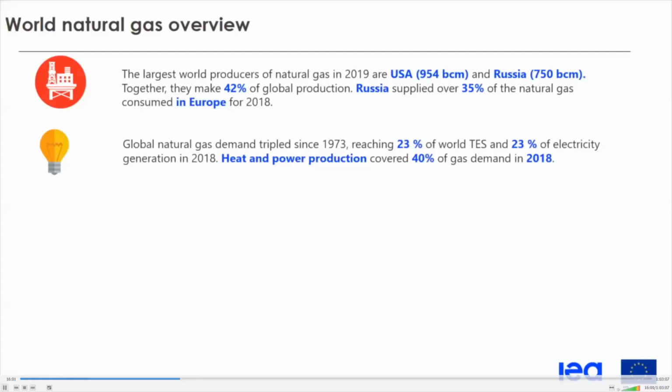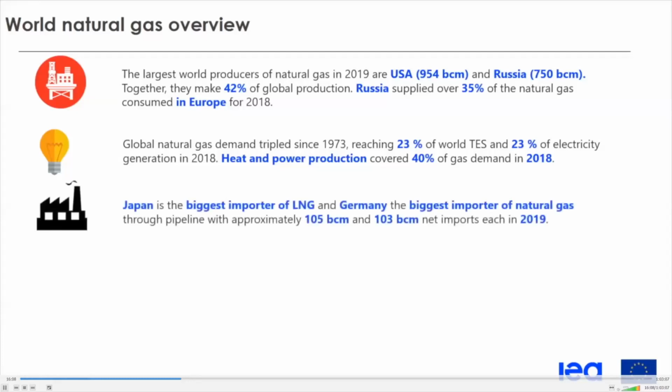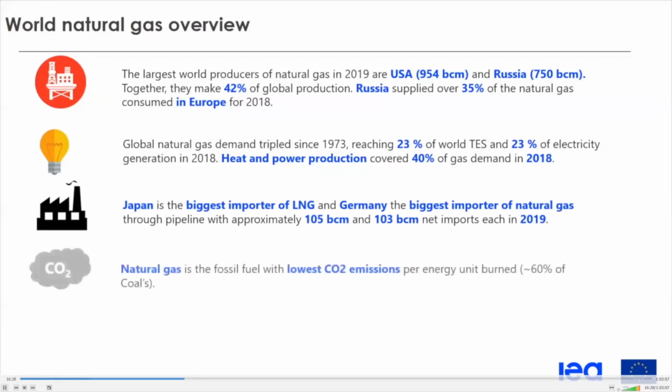Its trade is both in gaseous form through pipelines and in LNG form, so liquefied form through tankers, which partly explains its big increase in demand in the latest years because of the ease now of transporting this commodity around the world. But it's not the only reason. The main reason is that natural gas is the fossil fuel that emits the least CO2 per unit burned.